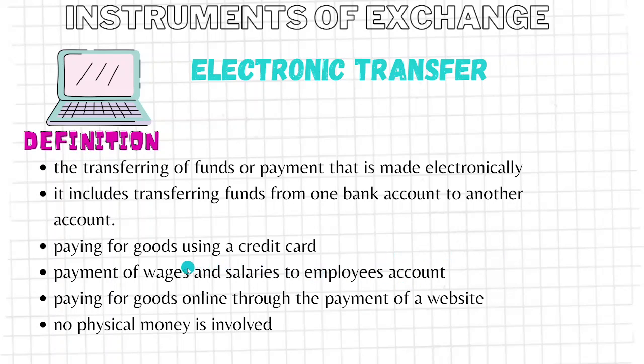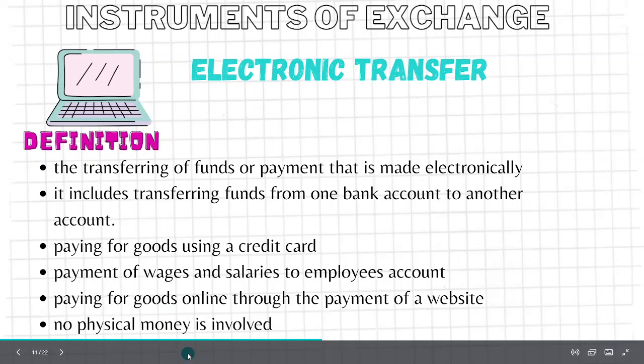So if a business prefers to use electronic transfer instead of paying their employees physically or having them go to a bank physically to get the money, what they could do is send the money electronically. So they would send the money from the business's bank account to their employees' bank account.